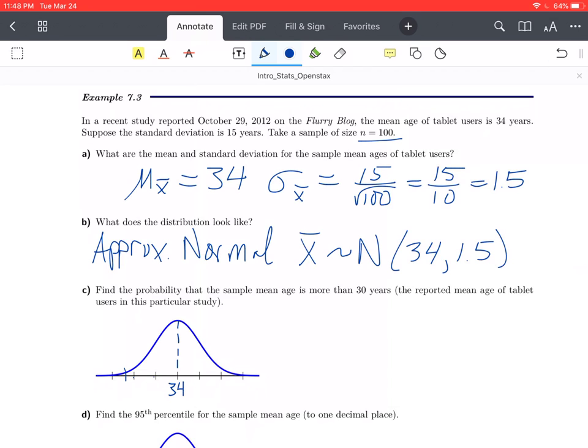So it's somewhere down in here is 30. And we want the probability that the sample mean age is more than 30. So more than 30, that's going to be everything up here. So I imagine this number is going to be fairly close to 1, right? So we want the probability that x bar is greater than 30.